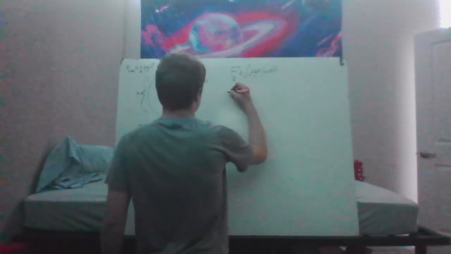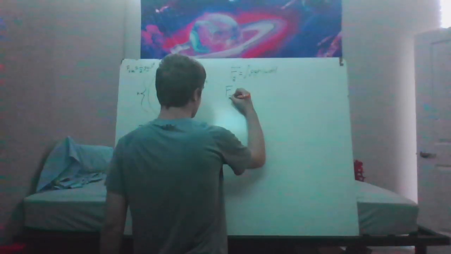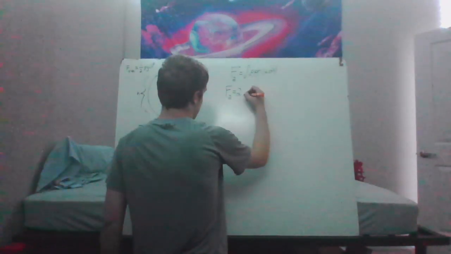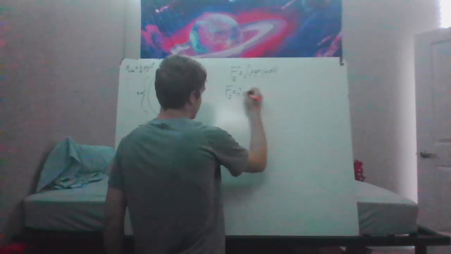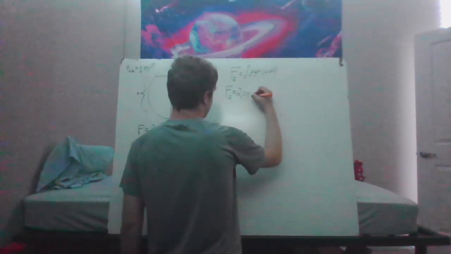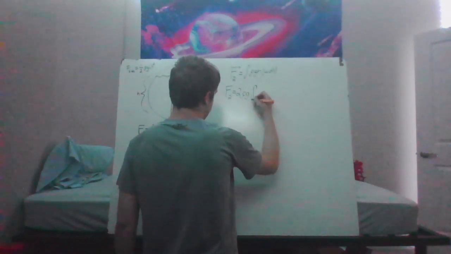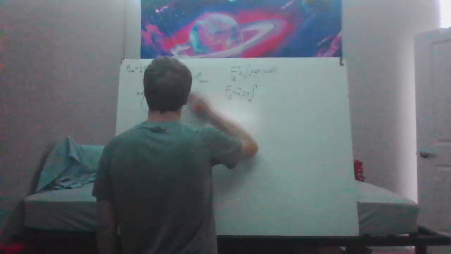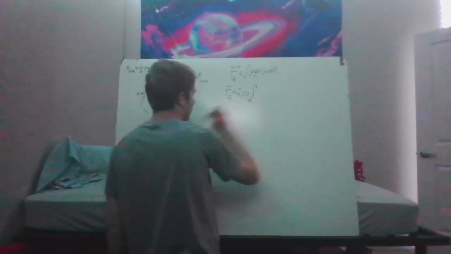So it's going to end up being 2 rho g, the constants out front, and then our integral. And our integral is going to be from theta 1 up here to negative pi over 2 down here.